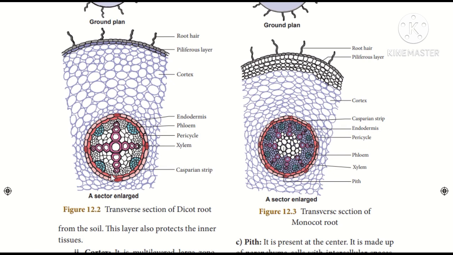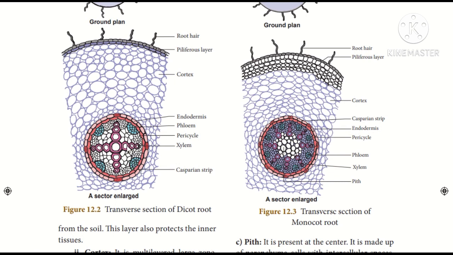The place where the Casparian strips are not present is called passage cells, and their main function is to help in the movement of water or dissolved salts from the cortex. The root hair absorbs the water and other minerals. The absorbed water is sent to the cortex, and from the cortex it enters the inner cells only through the passage cells. That is the main important function of the passage cells.